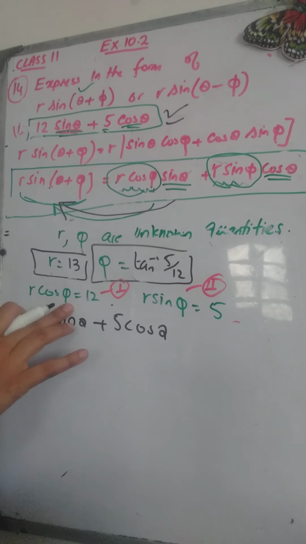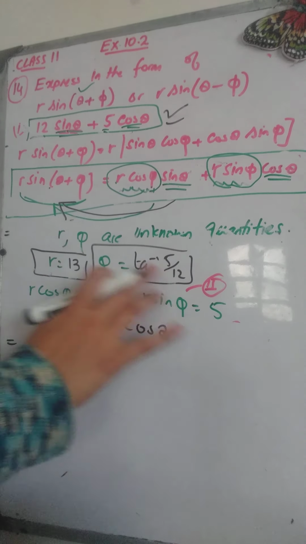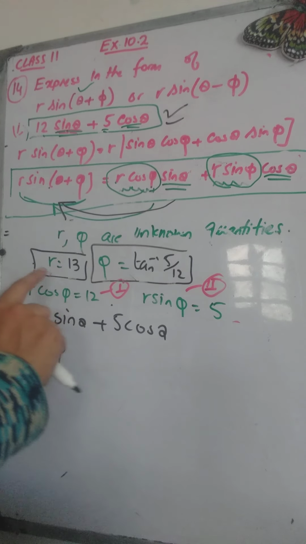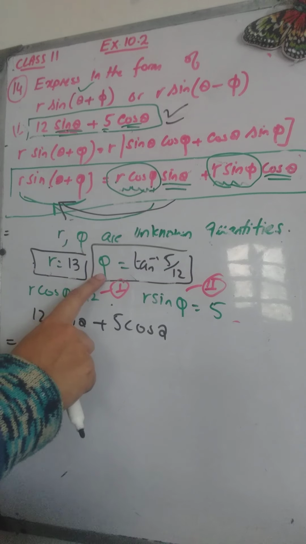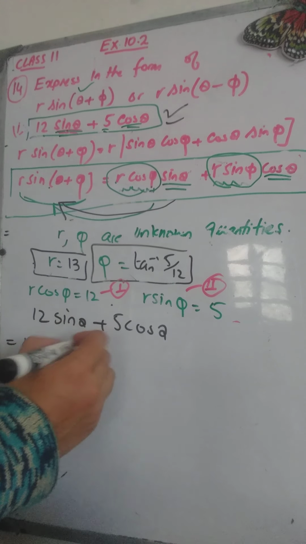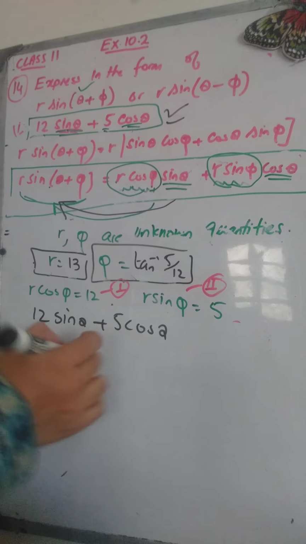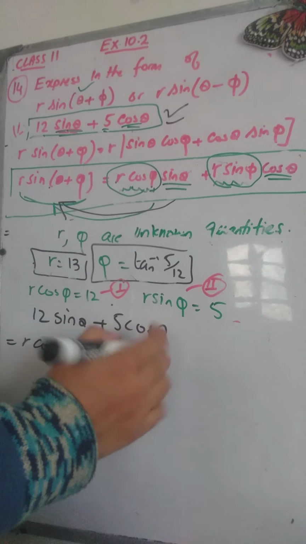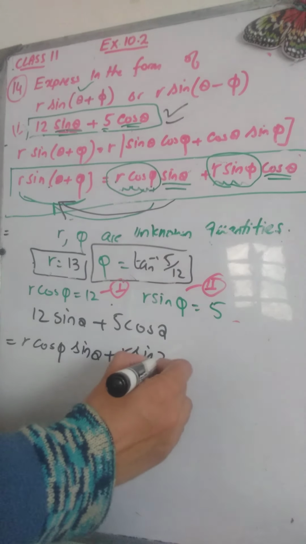Now we know two quantities with the help of which we can make r cos of phi equal to 12. So 12 will be replaced by r cos of phi, because we have already informed them that there are values of r and phi which make r cos phi equal to 12. So this is not an unknown quantity now. It is a known quantity, and 5 can be replaced by r sin of phi.